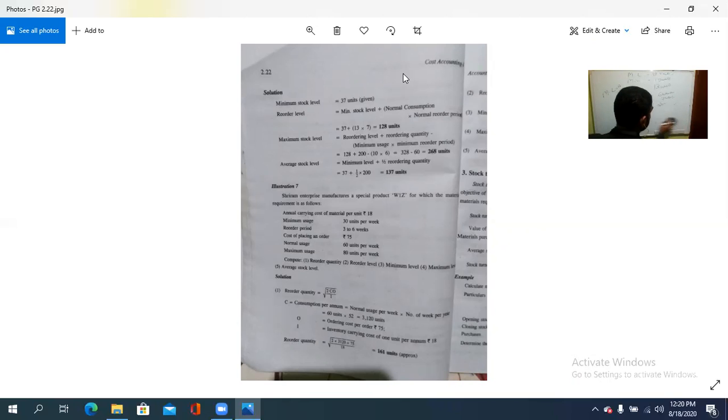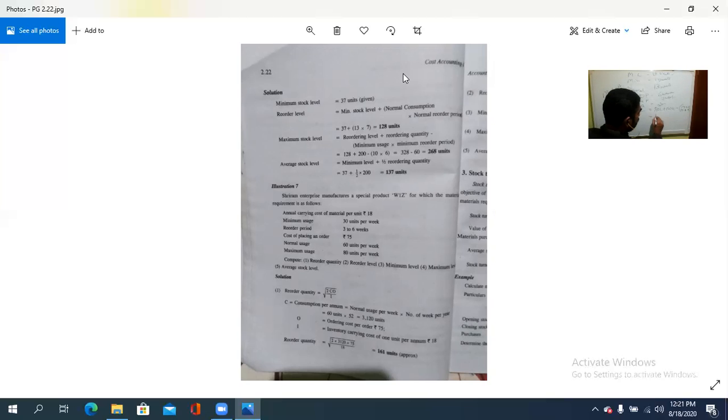Maximum stock level is equal to ROL plus ROQ, the reorder quantity or economic order quantity, minus minimum consumption into minimum reorder period.